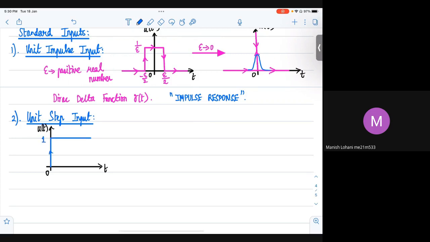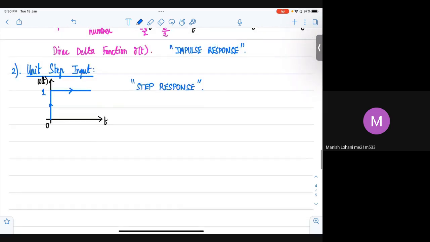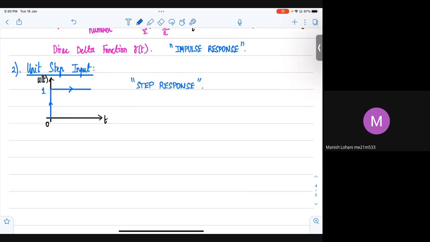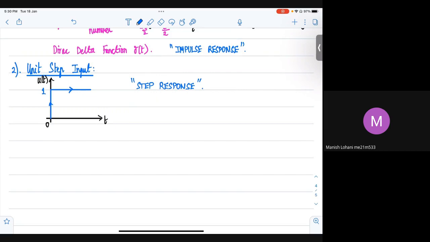That is why it's called a step input. It's in the form of a step and the magnitude of the step is 1. So this is what is called a unit step input. When we provide the unit step input to a system, the corresponding output is what is called a step response.